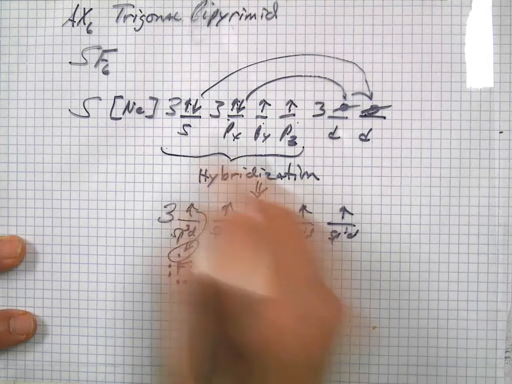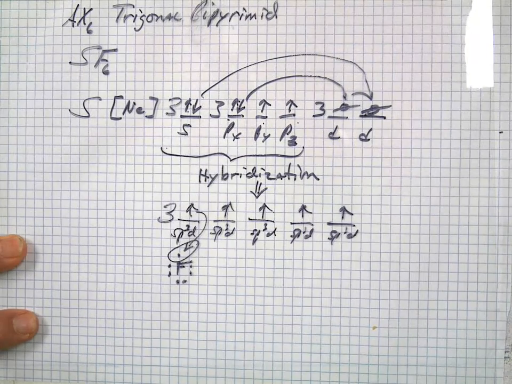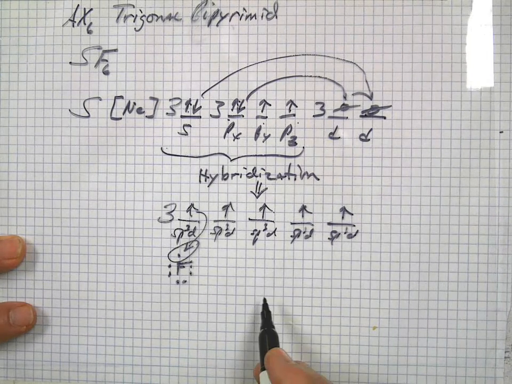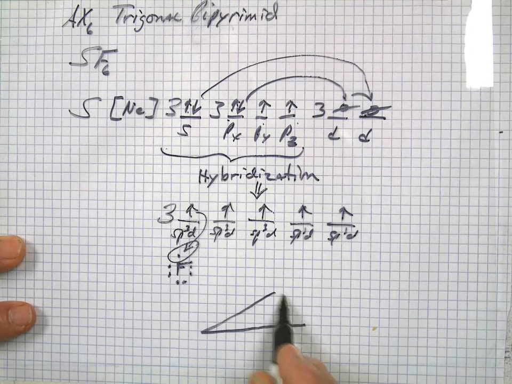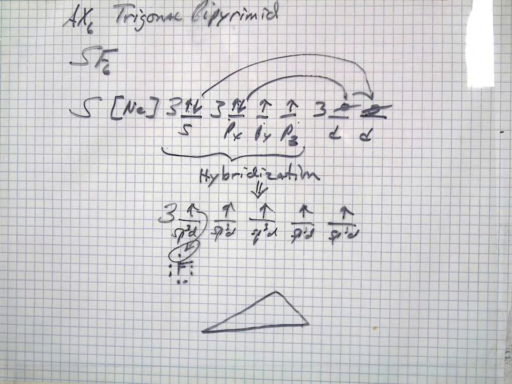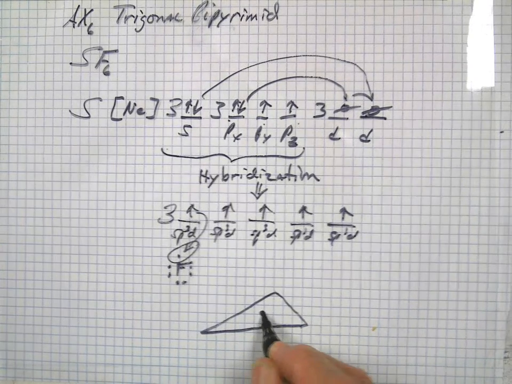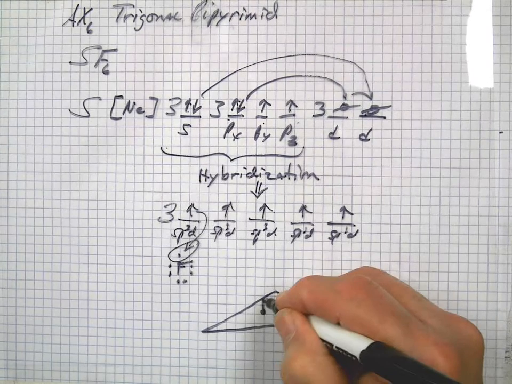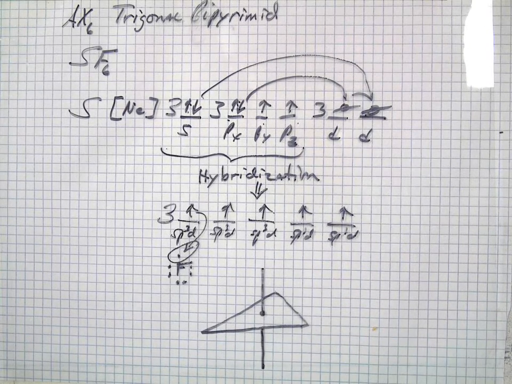these bonds, 1, 2, 3, 4, 5, will assume a position in space that minimizes repulsion, and it looks like this. To draw this, draw a lazy triangle. Everybody draw a lazy triangle, just like that, where it's kind of off-center. That's all you got to do. Put a dot right in the middle, and then go straight up, and then 1 straight down, like that.